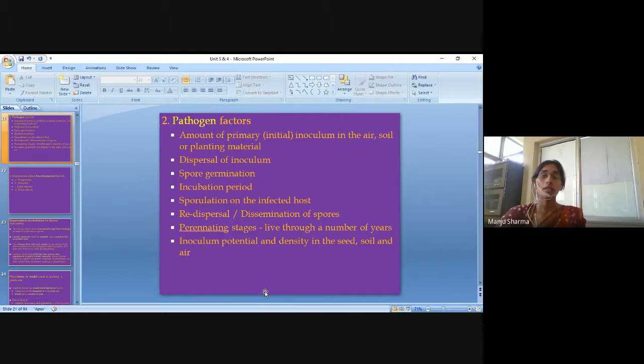Amount of primary initial inoculum in the air, soil or planting material, dispersal of inoculum, spore germination, incubation period, sporulation on the infected host, redispersal and dissemination of spores, then perennating stages that live through a number of years, and inoculum potential and density in the seed, soil and air.